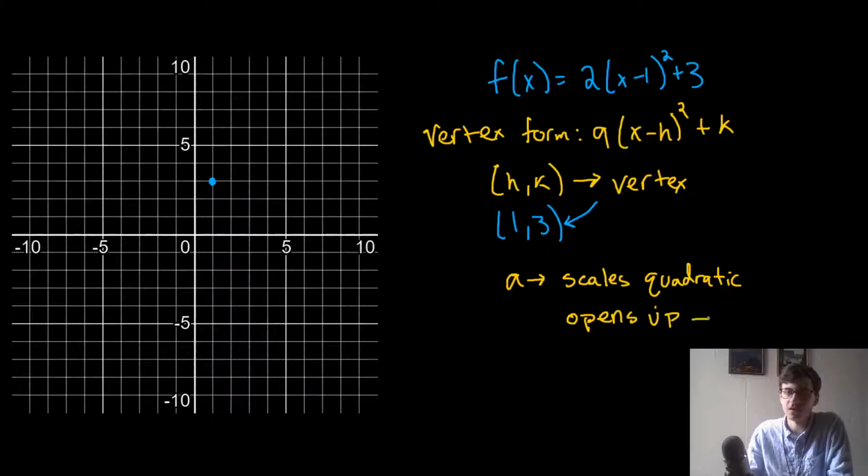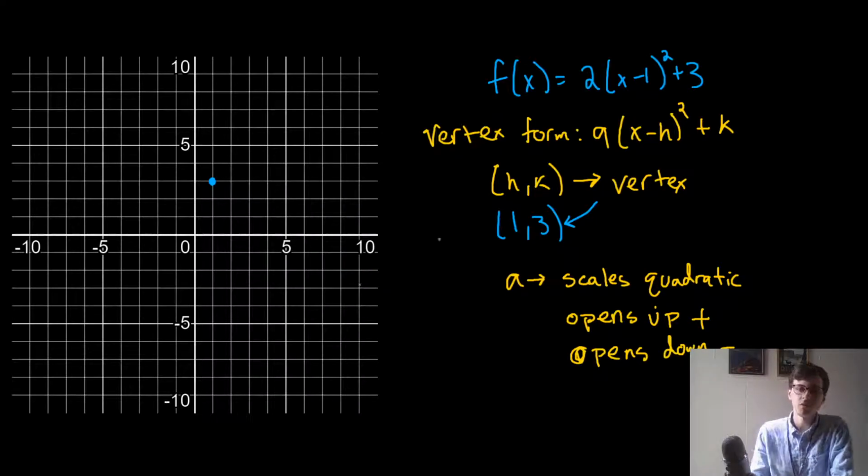If it's positive, it opens up. If it's negative, it opens down. So it changes how narrow, maybe we would say this changes how narrow, not marrow, narrow, or wide my graph is.